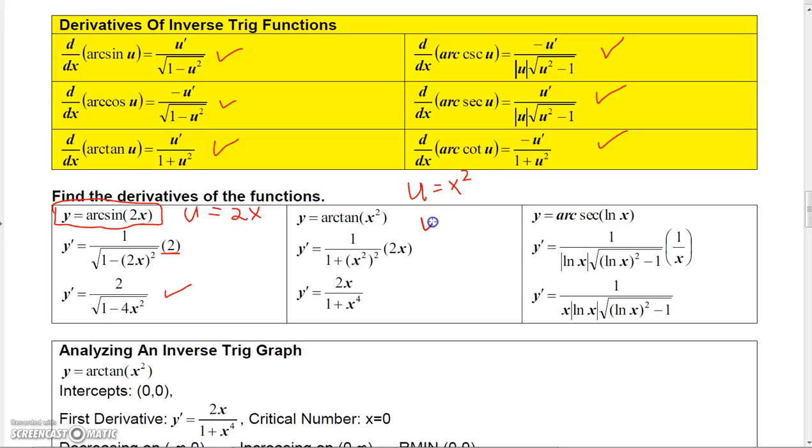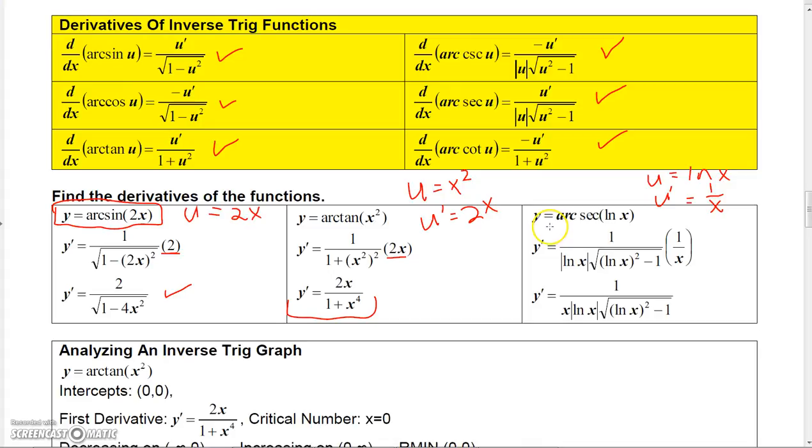Now let's look for the derivative of arctan of u. That's right here: 1 over 1 plus u squared. So that's 1 over 1 plus (x squared) squared, times the derivative of u, or u prime, which is 2x. When you simplify that, you get 2x over 1 plus x to the fourth.